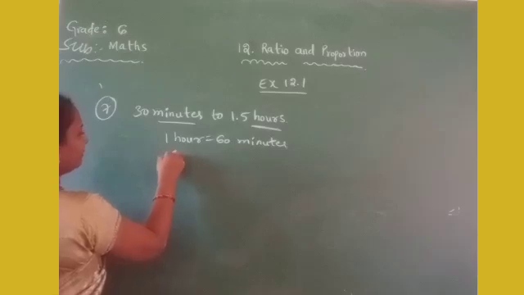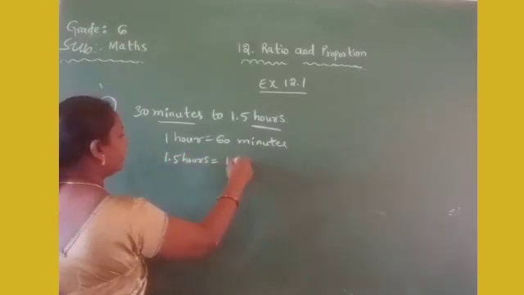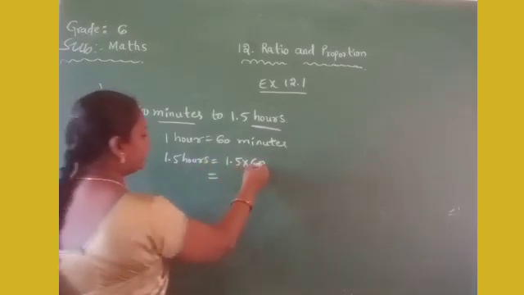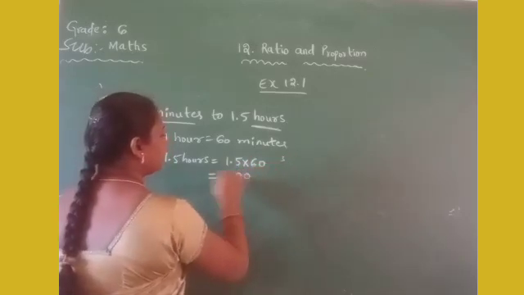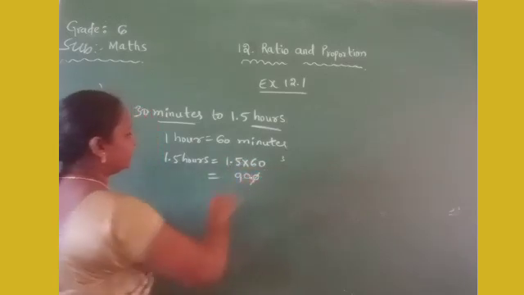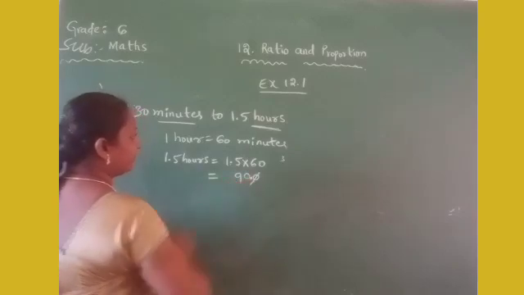Now 1.5 hours means 1.5 into 60. Simplify: 6 5s are 30, 6 1s are 6, 6 9s... then total 900. Here the decimal point is there, so you can cancel, and this value is equal to 90.